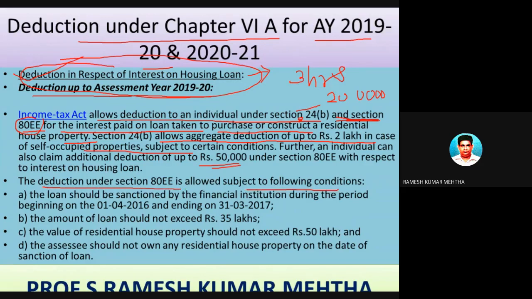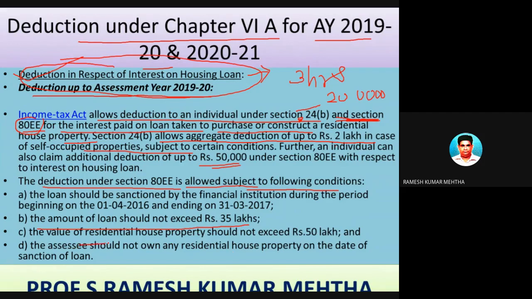So, these are the following conditions. The condition is the amount of loan should not exceed rupees 35 lakhs. So, the amount of loan which you have taken for the purpose of construction or purchase of the residential house property should not exceed 35 lakhs. It should be less than or equal to 35 lakhs, number one.